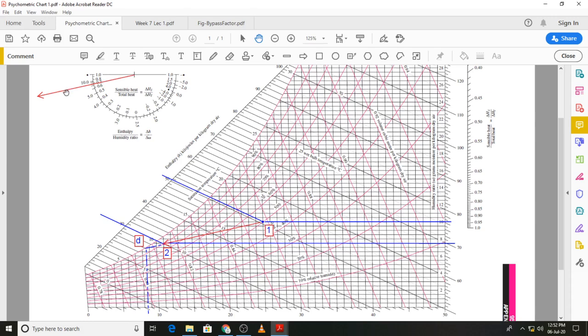That means this line over here in the protractor is parallel to line 1 2, and on the inner scale we have the sensible heat factor, sensible heat by total heat, so it is around 0.69. Sometimes we can move from the protractor into the chart, and sometimes from the chart we can move to the protractor to read the desired value. That depends on the problem that you are solving.